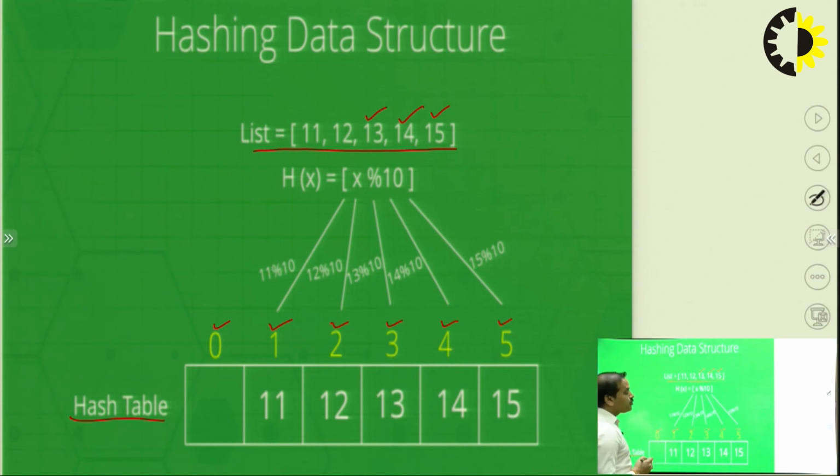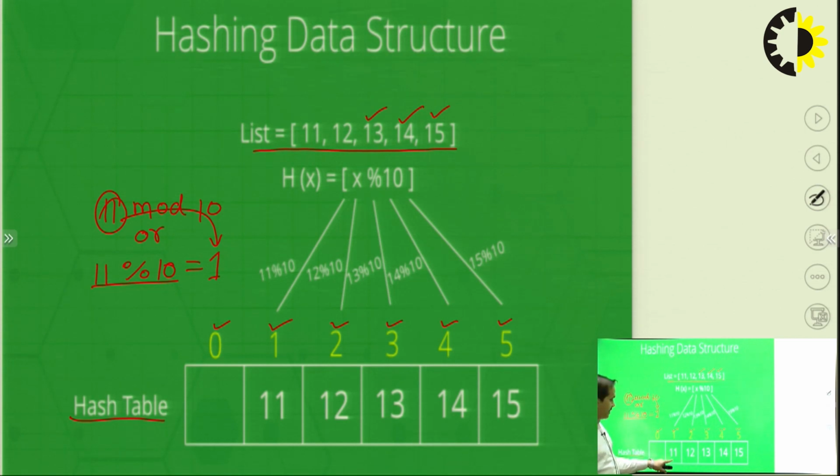Now we compute the mod of the given keys. Mod is calculated like this: 11 mod 10. The value of this expression is 1. That means 11 is stored at position 1.